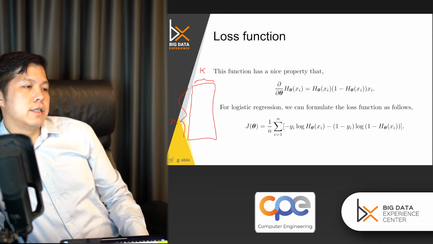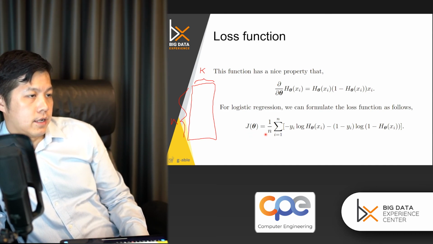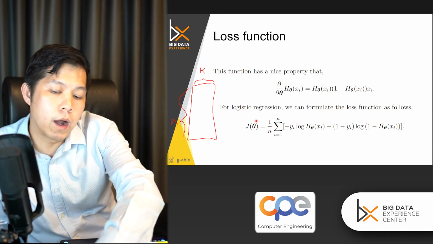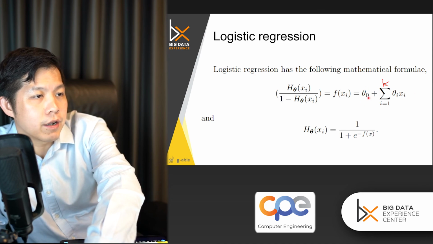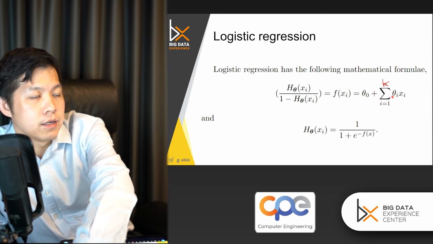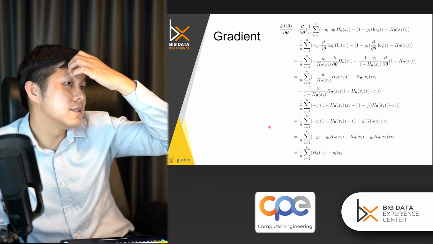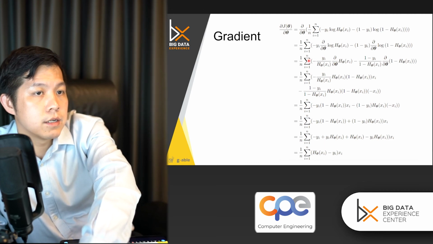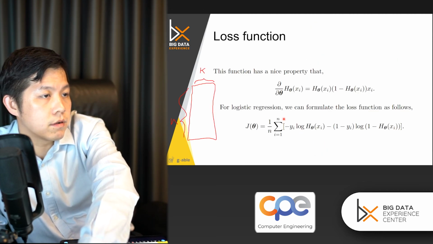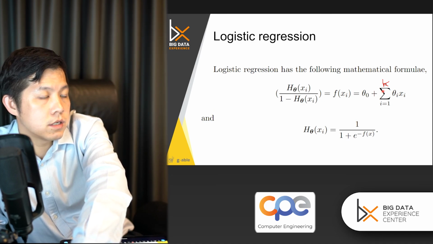Yeah, because this is a summation of errors of all points, the loss function of all points. Why does this indicate the linear combination of the sigma here? Oh yeah. And this is already correct. Where did I make it wrong? Only this.